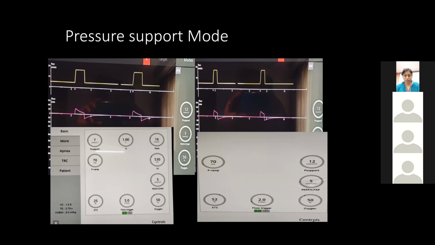As I said, if he generates 80 liters of peak flow, his inspiratory time will be longer because it takes more time to decelerate from 80 to 20 liters. If it is 40 liters, you will start decelerating very fast. So inspiratory time will be shorter. That is controlled by the patient. So IE ratio we cannot control. But if you want to control, these are the two parameters you have to change: rise time and expiratory trigger sensitivity.